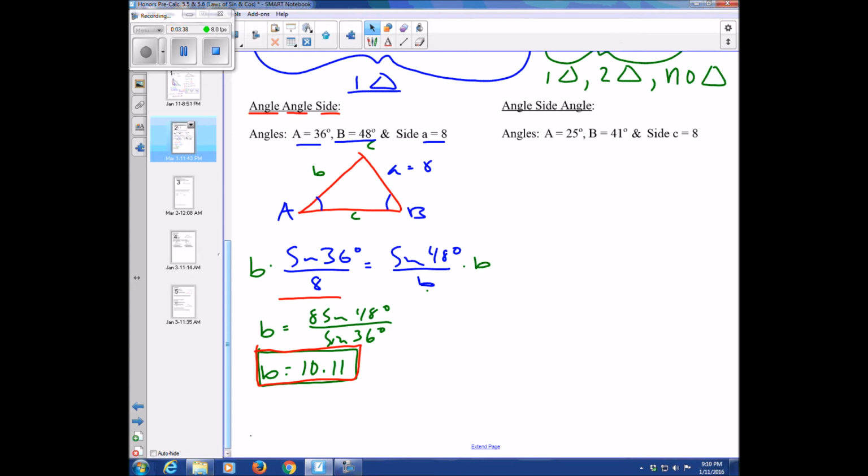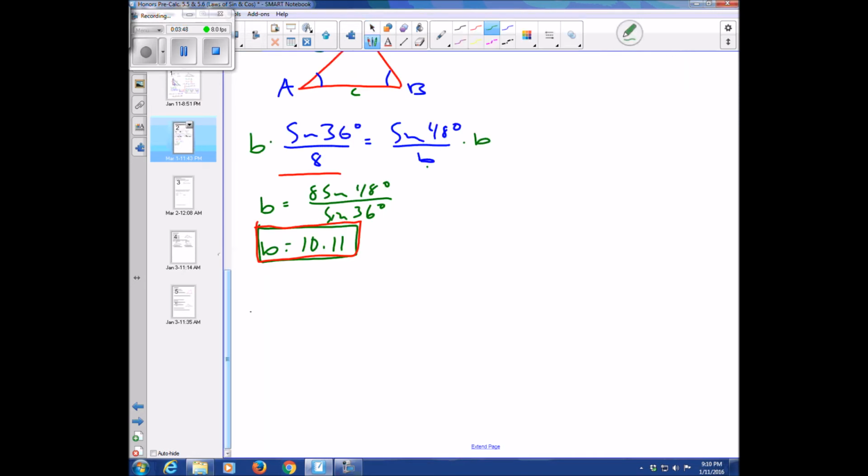Now we don't have angle C or side C, but we do know that there are 180 degrees in a triangle. So we can say that angle C must be 180 degrees minus the sum of the other two angles, 36 degrees and 48 degrees. And that's going to give us our angle C as 96 degrees.